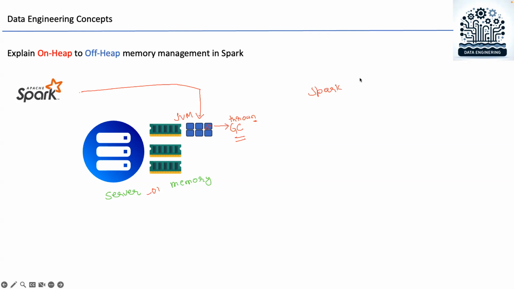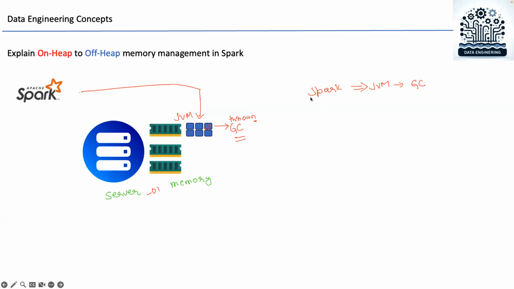So this fact that Spark is directly relying on JVM and its garbage collection methodology to process its objects can be a bottleneck for us. And that is why on heap memory management could be slower or something that is not recommended when you are doing large data processing using Spark.